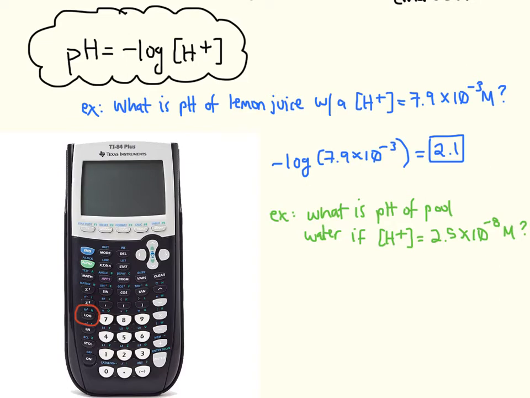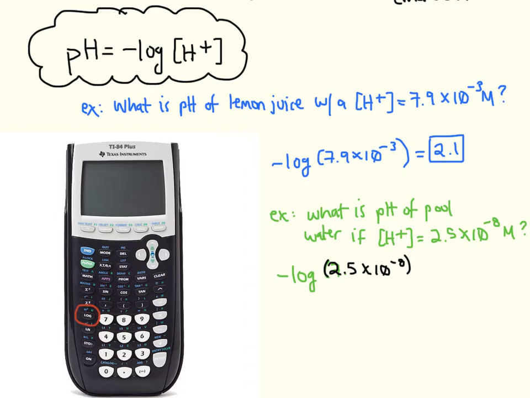So let's try a second example. You try this one. I want to know the pH of swimming pool water if the hydrogen ion concentration is 2.5 times 10 to the negative 8 molar. Okay, so you're going to hit the negative button and then the log button, and then you'll enter in 2.5 times 10 to the negative 8.